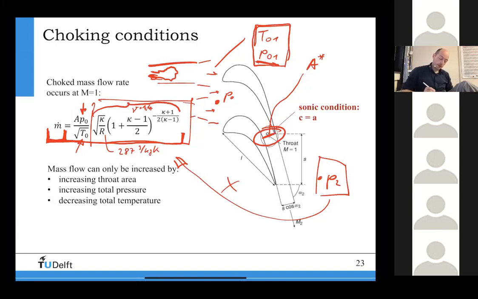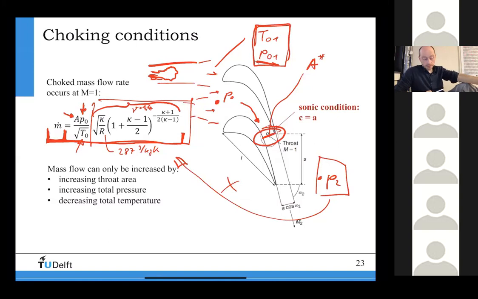And you can see that, of course, the higher the pressure, the higher the area, the larger the mass flow. Of course, if you have a higher pressure, most of the time you will have also higher density. The higher density going through this choked area means you have a larger mass flow. But on the other hand, the temperature is inversely proportional to the mass flow, which means that the lower the temperature, the larger the mass flow.